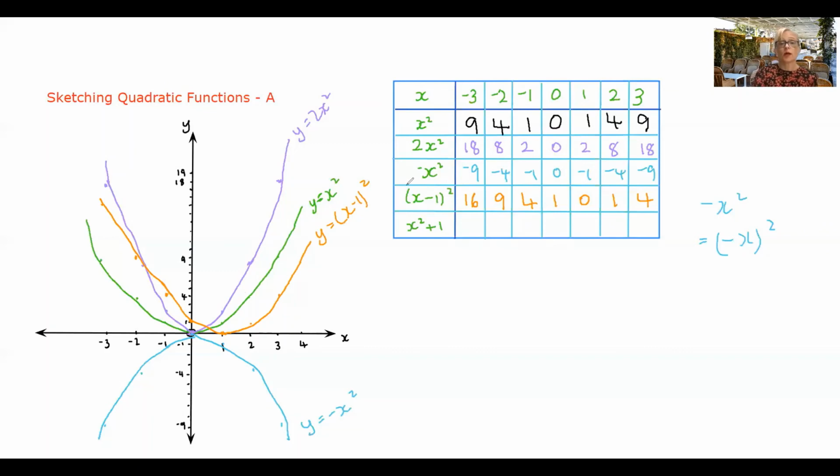Okay, and our last one for this video anyway is y equals x squared plus 1. So we just take our normal x squared and we add 1. So it's fairly easy to do. Here's our normal x squared. Each of these values is going to go up by 1.